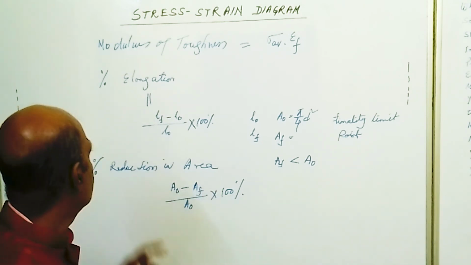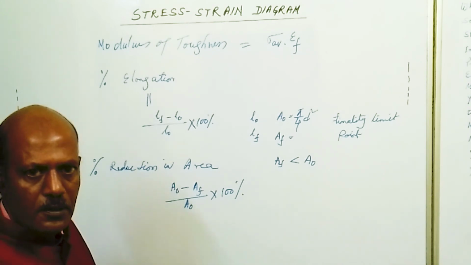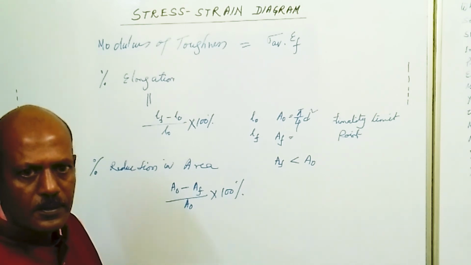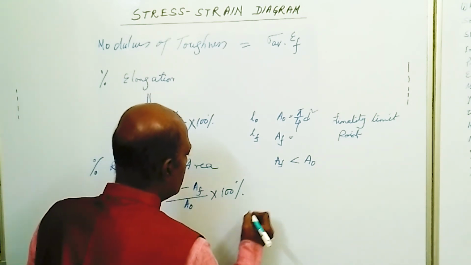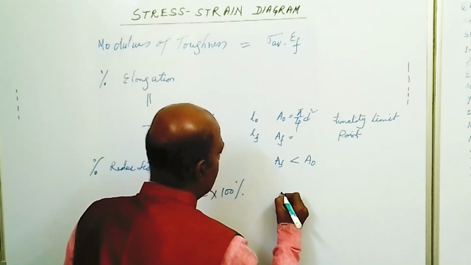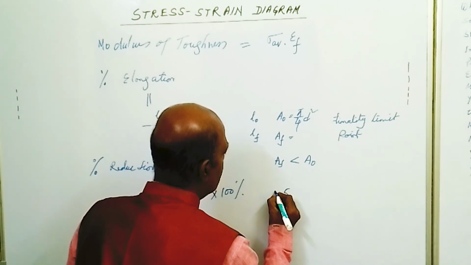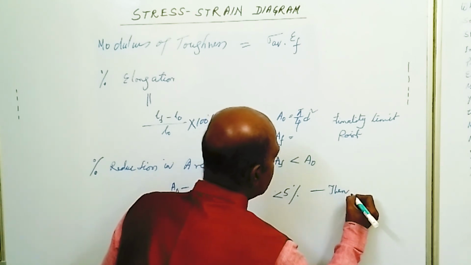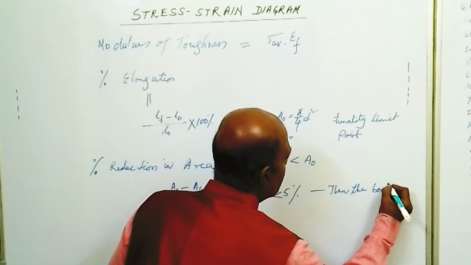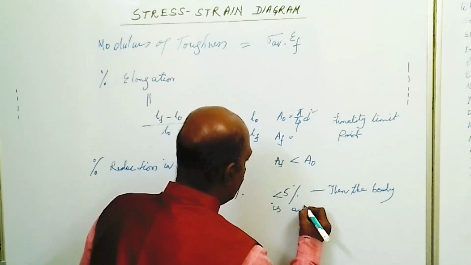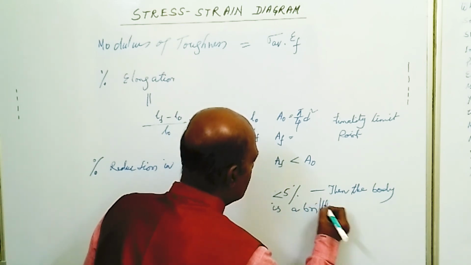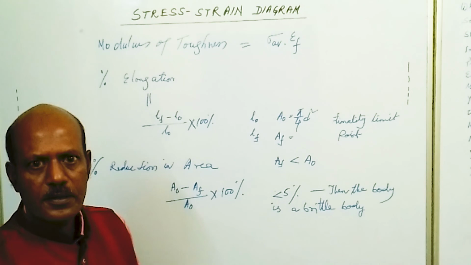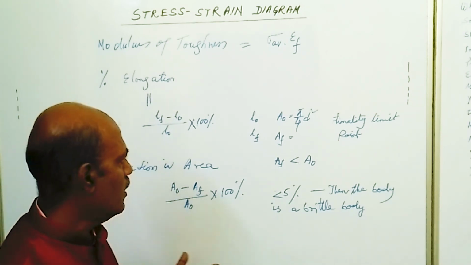These two terms are very useful for judging whether a body is ductile or brittle. If the percentage of elongation or reduction in area is less than 5%, then the body is a brittle body, like cast iron.